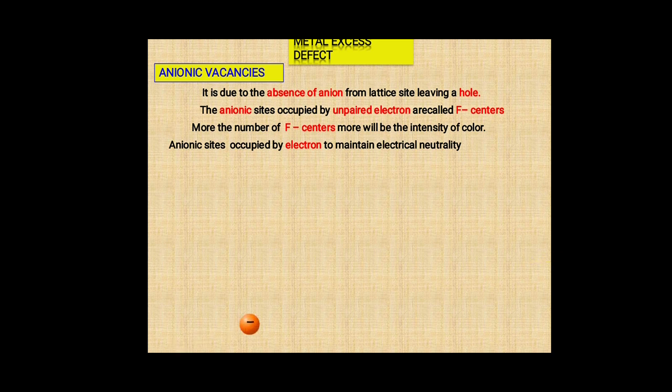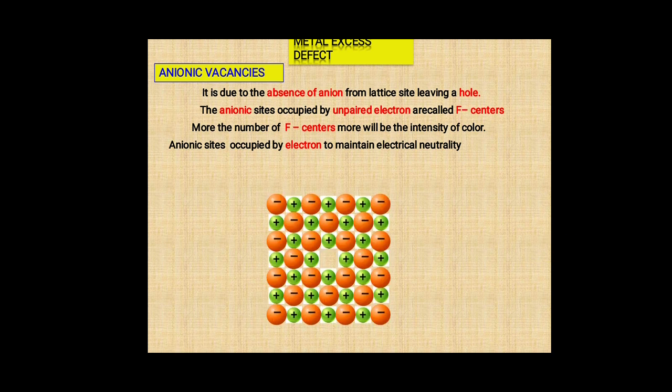Students, in this, what happens is, you imagine an NaCl crystal. In this diagram, you can understand a negative charge is for Cl minus, positive charge is for Na plus. What happens? This defect is created due to the loss of one of the anions.